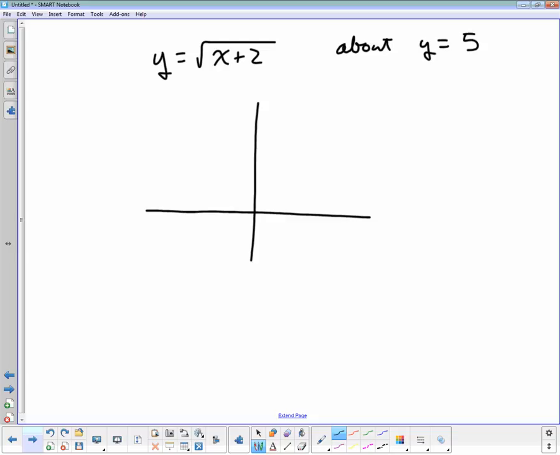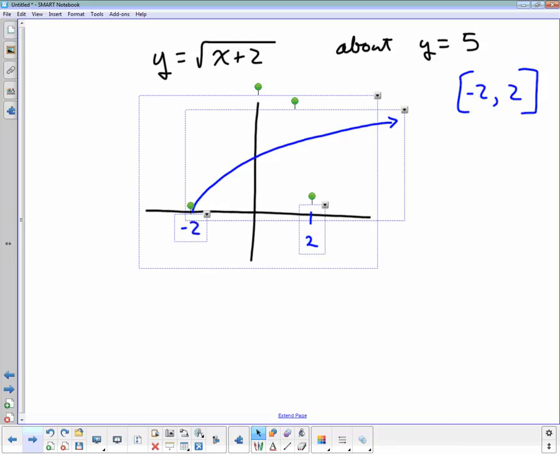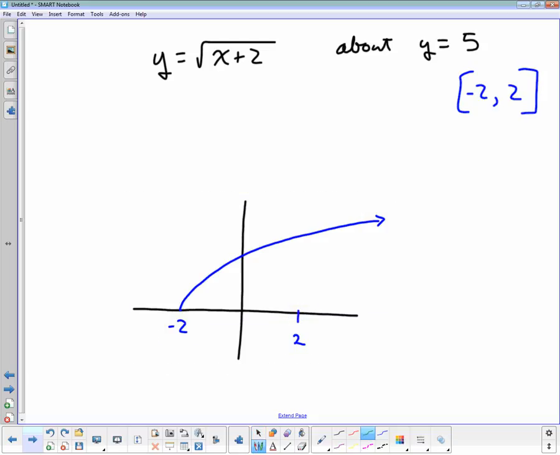So x plus 2 looks like that. Okay, and my bounds are going to be from -2 to 2. So this is the area that I'm interested in.